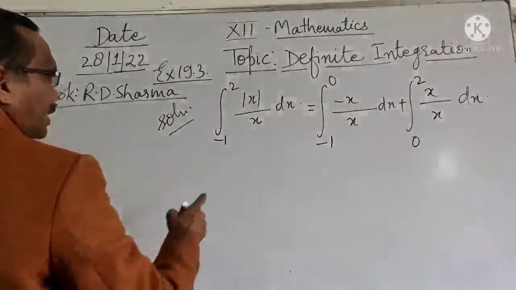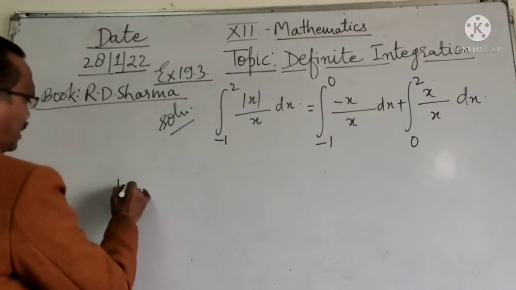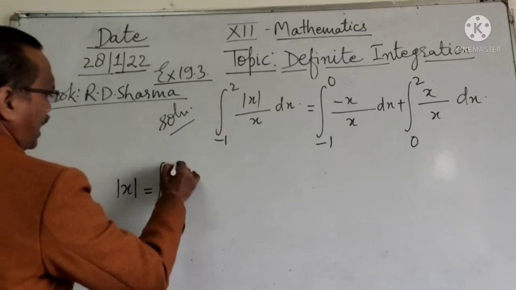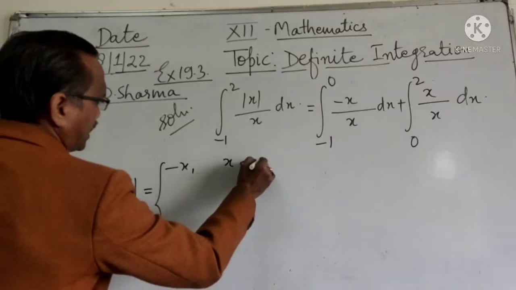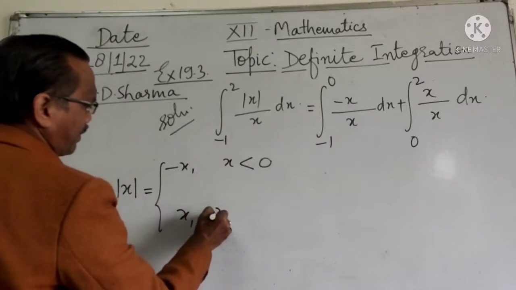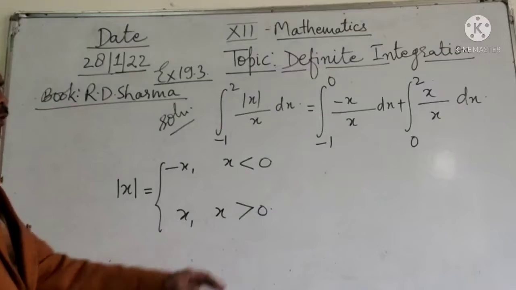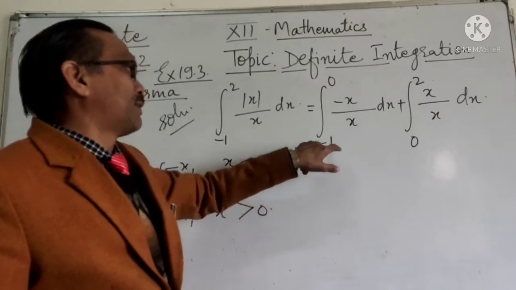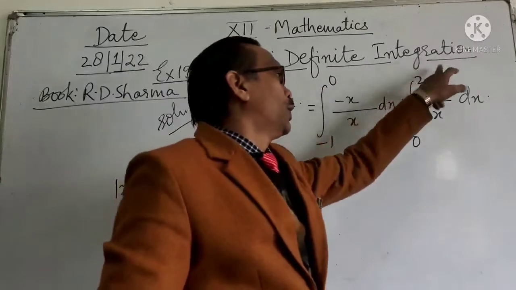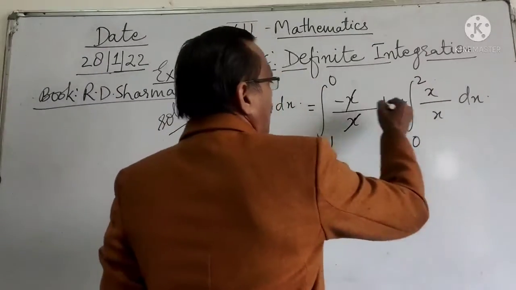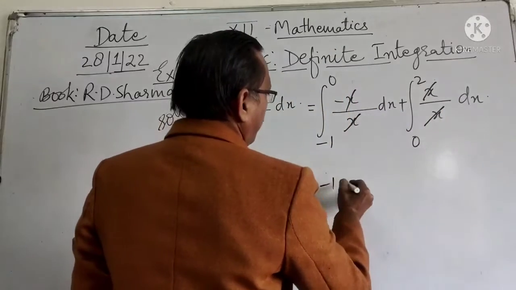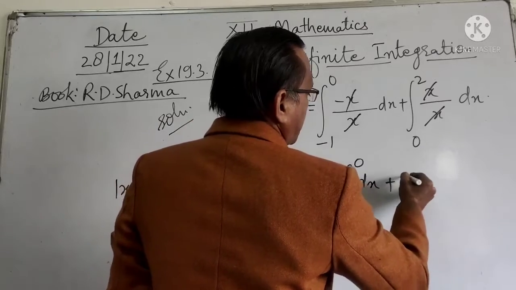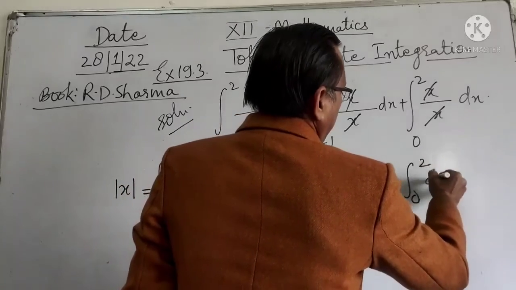Dear students, there is a logic of mod x. Mod x is minus x when x is less than 0 and it is plus x when x is greater than 0. So we will take minus x when it is minus 1 to 0, and for 0 to 2 it is x. So here it is minus integration minus 1 to 0 dx plus 0 to 2 dx.